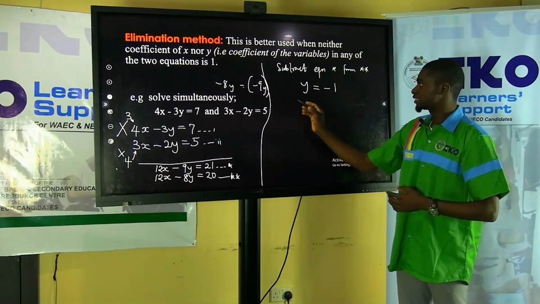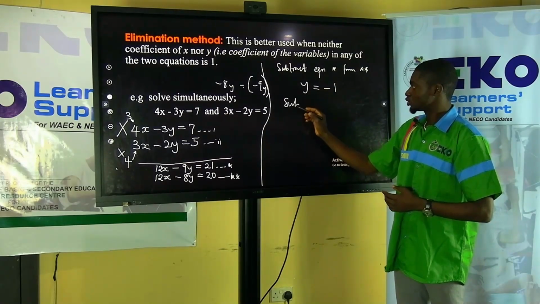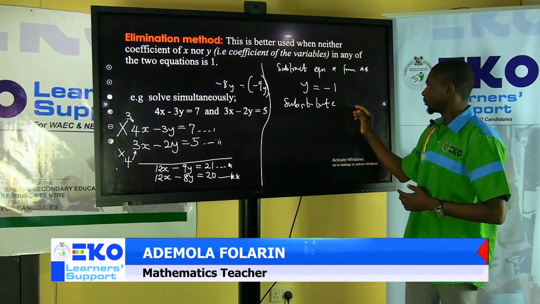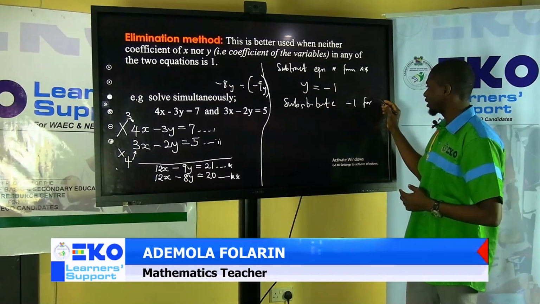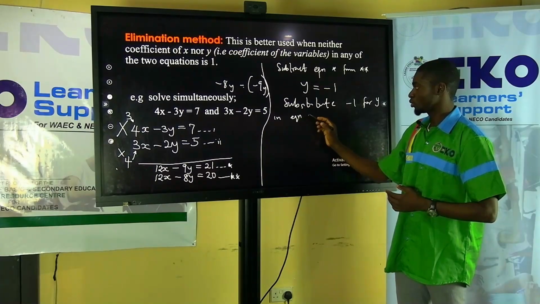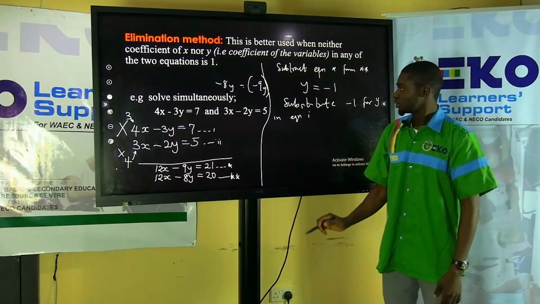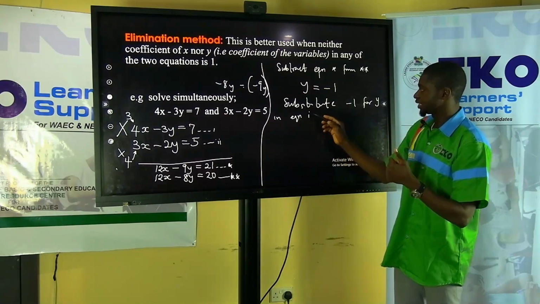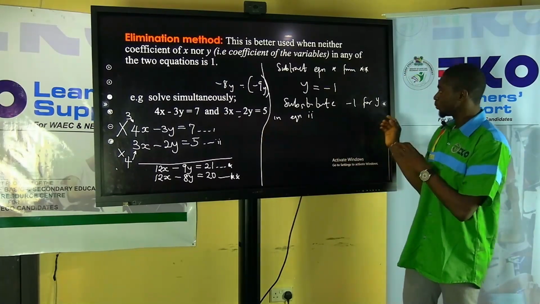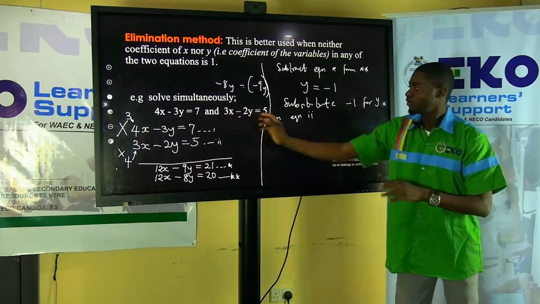So I can then say substitute minus 1 for y in equation 1. Or better still, 2. Just like I said, we are using the one with the smaller coefficient. So this is equation 2. Put the value of y into that.